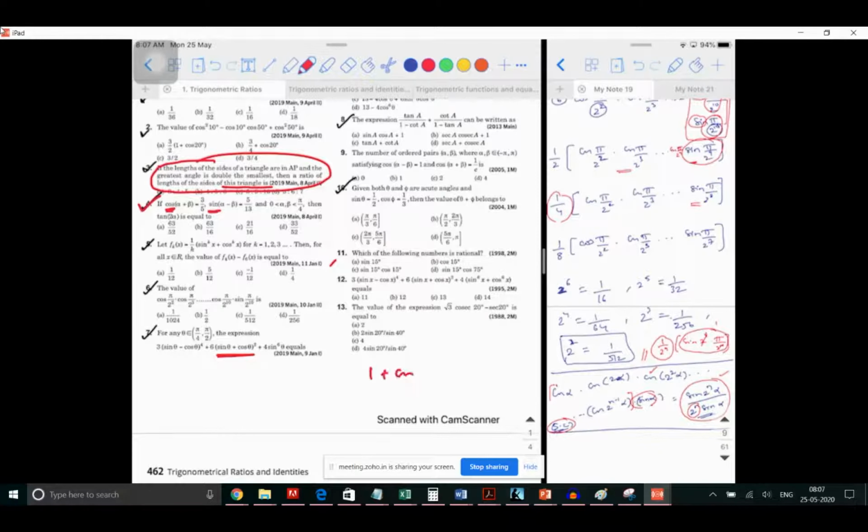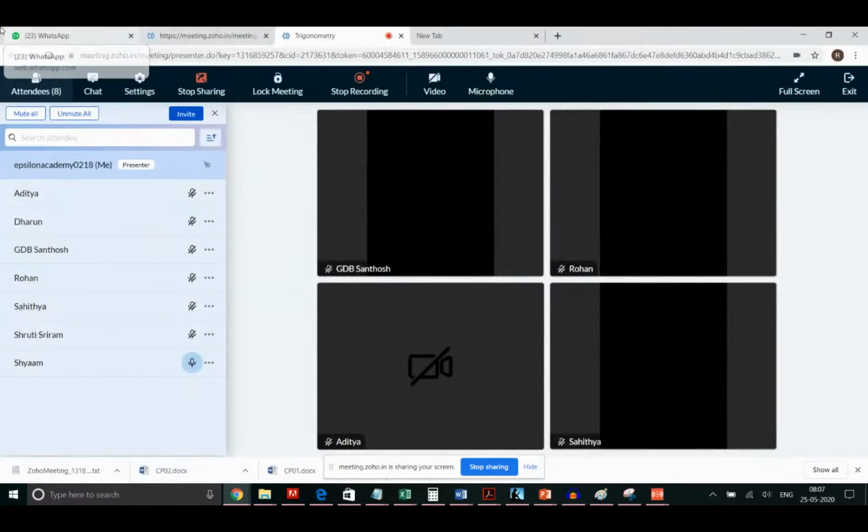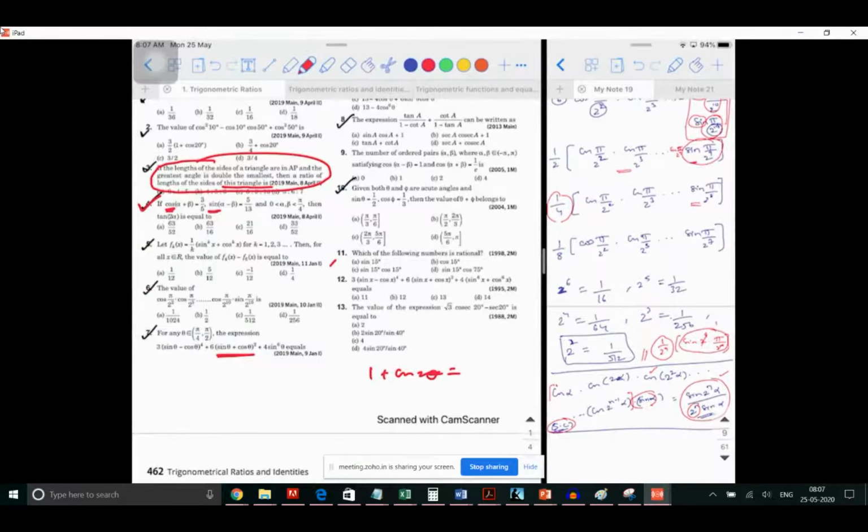See, what is 1 plus cos 2 theta? Yeah, Shyam, tell me.